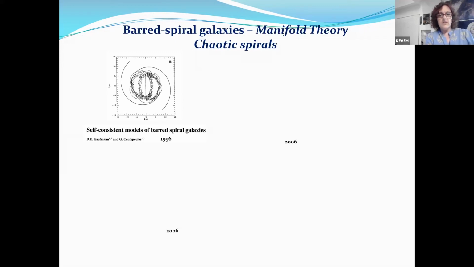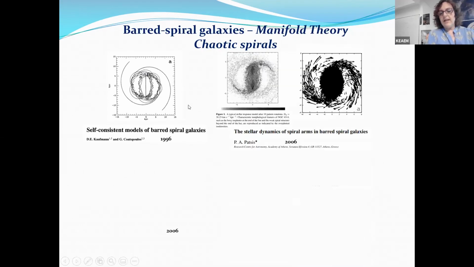Now, for the first time in 1996, in a self-consistent model of barred spiral galaxies, in a paper by Kaufmann and Contopoulos, they found a sticky chaotic orbit that stays for a long time at the envelope of the bar and in the inner parts of the spiral arms.